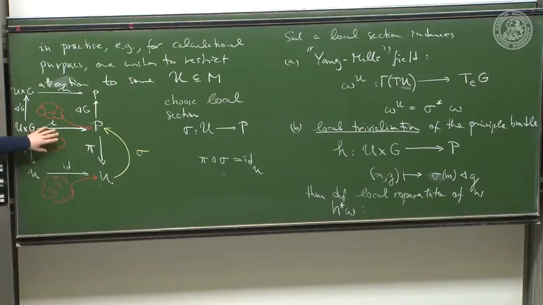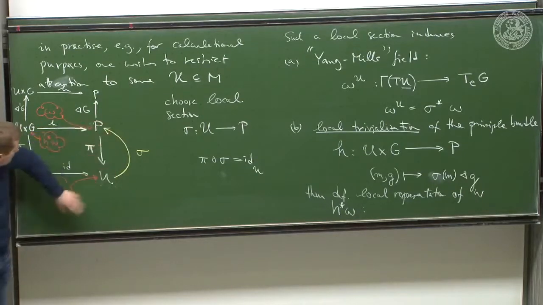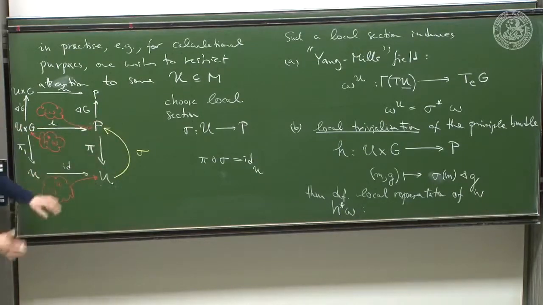And of course, these two contain less information than this, but only because they are only defined over a local patch of the base manifold. But over this local patch, this guy and this guy contain the same information as this one. And now we write down the relation between this local trivialization of the form and the Yang-Mills field down here. And in physics, we usually only write down, I mean, in local coordinates, we write down this Yang-Mills field.